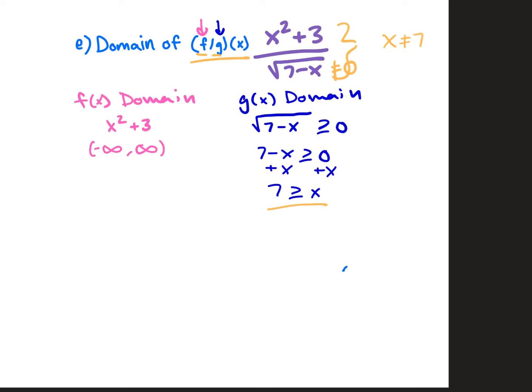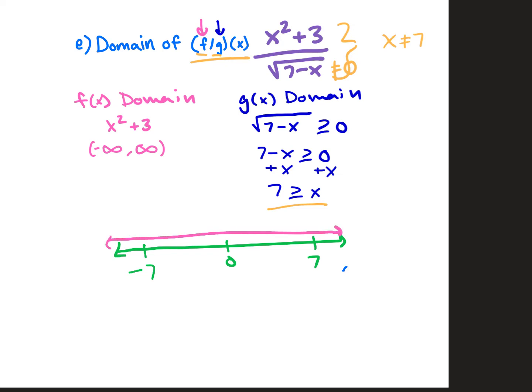So I'm going to put them on a number line and see where they overlap, and that is my domain for the whole function. So here's my number line. I start with 0. I'll have 7 here. I'll just put negative 7 over here. So domain of f is the whole thing, negative infinity to infinity, so every number is included.